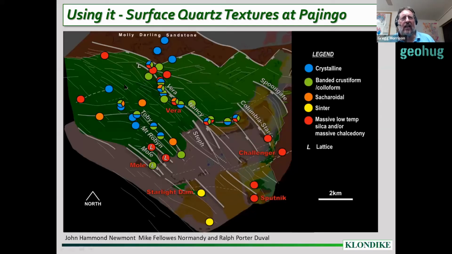So it's clear in Vera-Nancy that a lot of the alteration is controlled by the difference between lavas and fragmentals. So the main zone of mineralization is through here. There's probably all up with some of the new thing that's being developed out here, about 5 million ounces in that zone, of which over 3 has been mined already, particularly in this segment here.